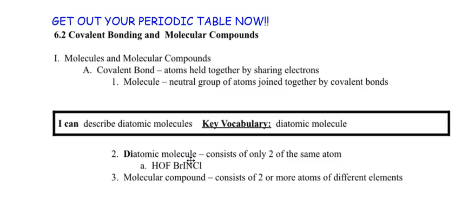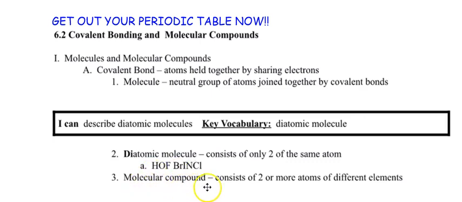They can only exist as H2 or O2 or F2 as an element. Of course, they can be in other compounds, but I'm talking about just their elemental form, which would be a diatomic molecule. They are held together by covalent bonds. They are sharing electrons, but they consist of the same atoms.